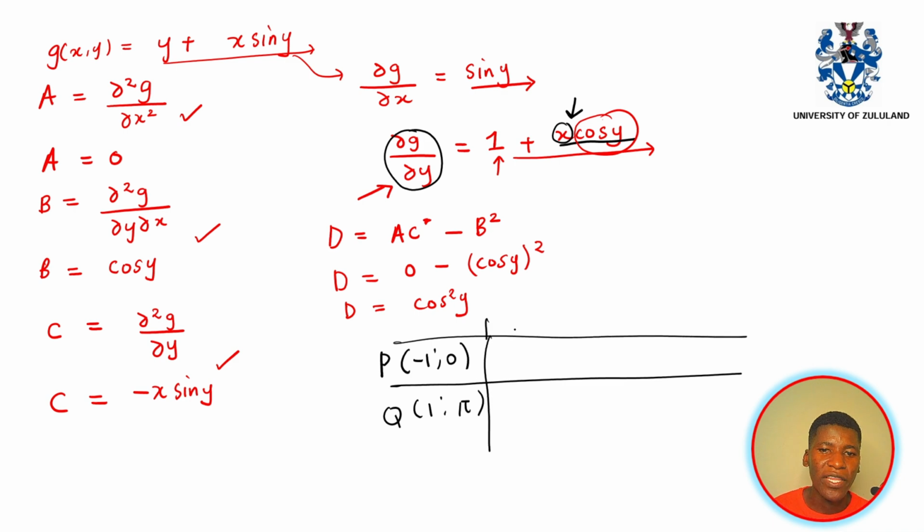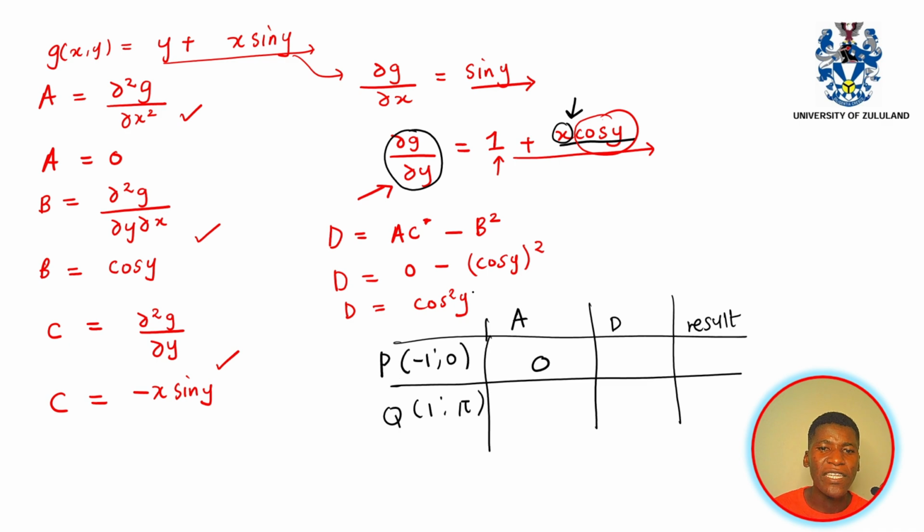We have to find the value of A and the value of D so that we can classify our point as a local extreme point or a saddle point. In this case, the value of A is just 0 here. It is not affected by this x value at all.